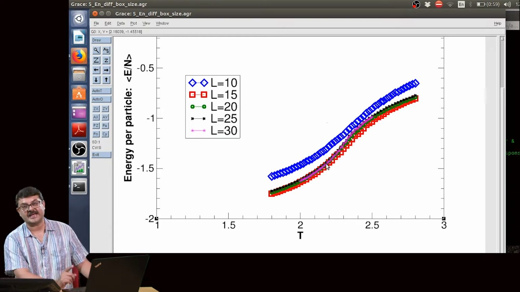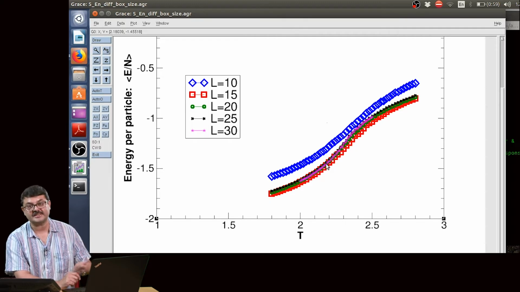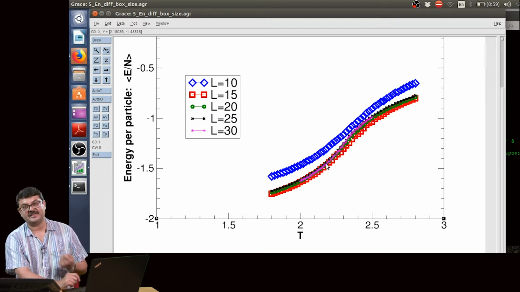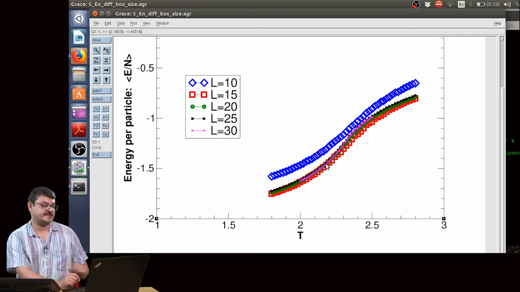However, we did not see that when we plotted chi or CV, and that is because we were looking at the fluctuations, higher moments of the energy. CV and chi are higher moments of E and M, basically the standard deviation of E and M at every temperature. For that you need more averaging, especially at larger box sizes, right.